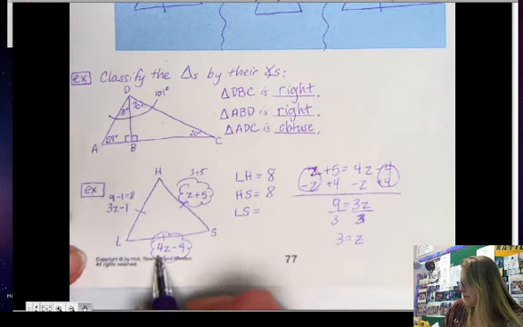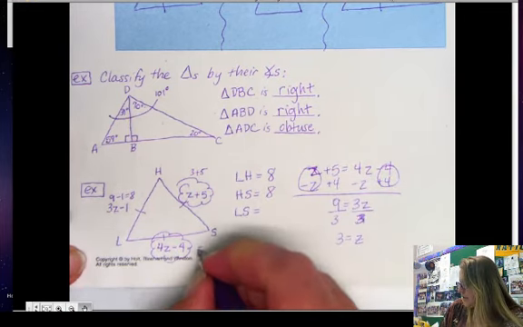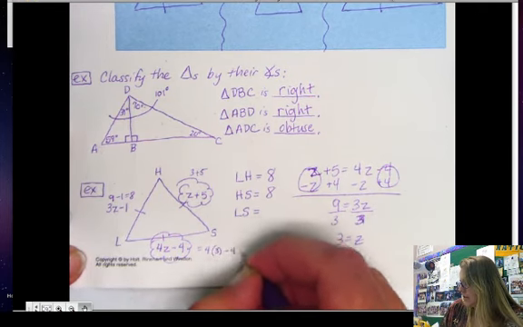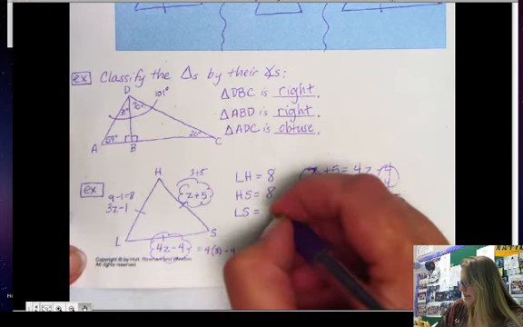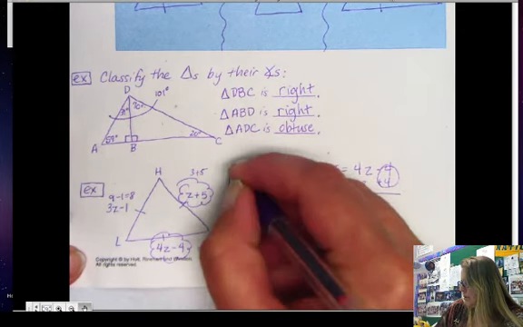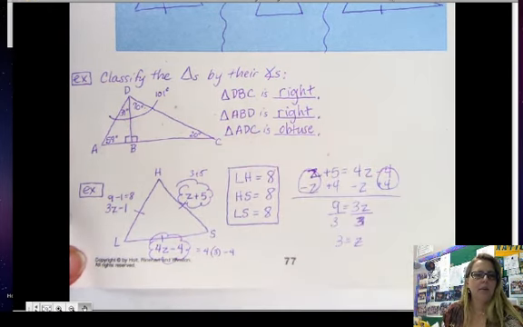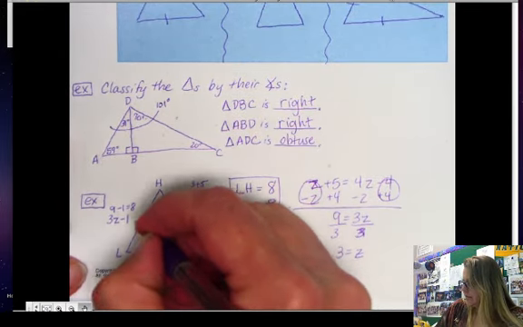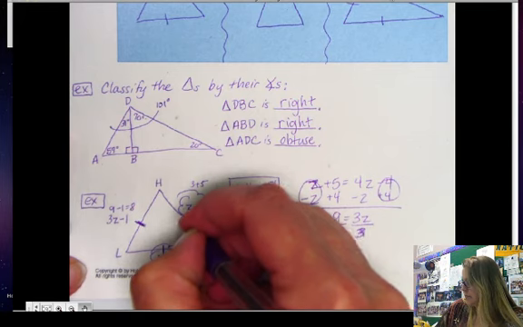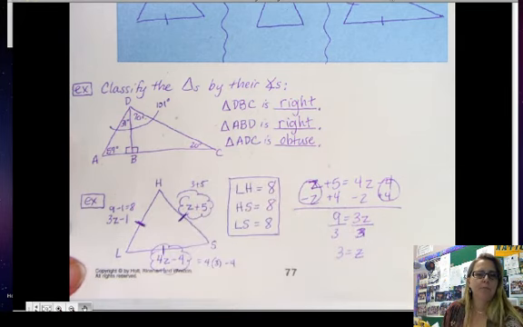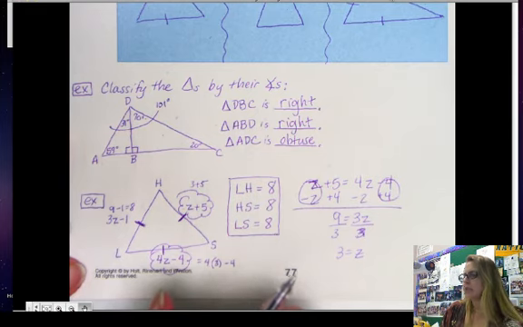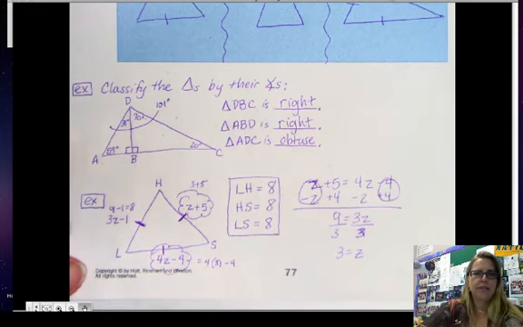And LS is 4z minus 4, so that's 4 times 3 minus 4, which is 12 minus 4, which is 8 again. So we got all three to be equal, which we should have, because these little marks on them told me that all three sides were equal. Okay, so that is classification of triangles using their angle measures and their side lengths.